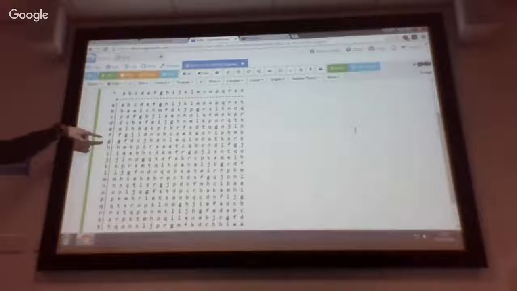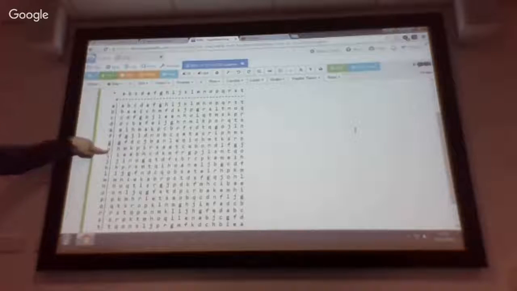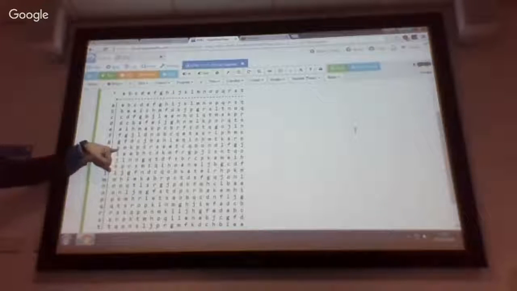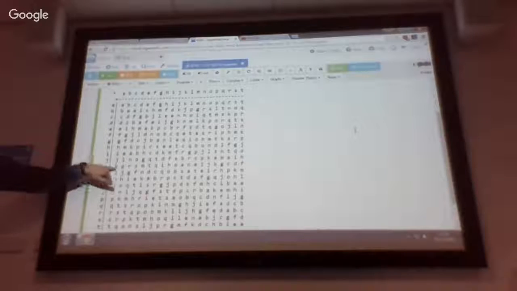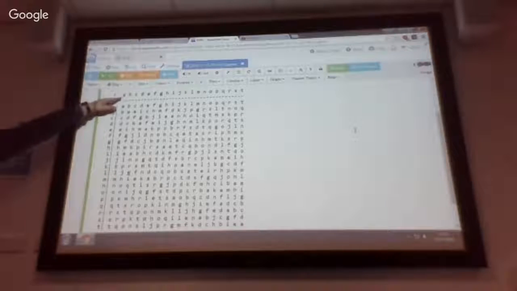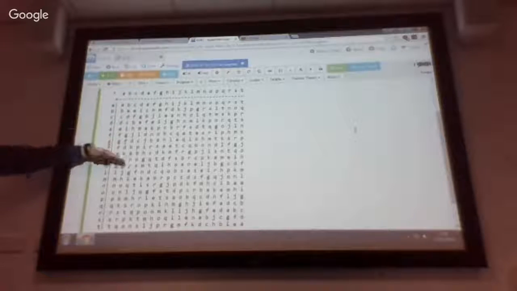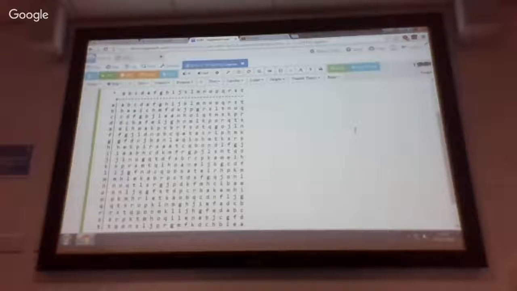When you look at each row of the Cayley table, let's say this row H here, we see again all the 20 letters A through T. You look at another row, row K, we see all the letters A through T in some mixed up way. Here are the original set of letters A through T. In each row, what we see is a different permutation of them.